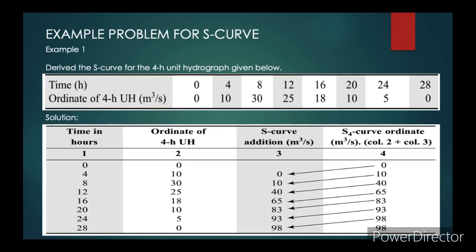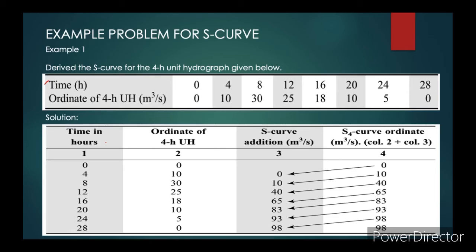The given times are 0, 4, 8, 12, 16, 20, 24, and 28. The ordinates of the 4-hour unit hydrograph in cubic meters per second are 0, 10, 30, 25, 18, 10, 5, and 0. It has similarities to the superposition method, but here there is addition. We use the tabular method again to solve it easily.